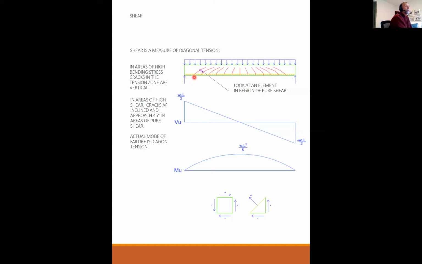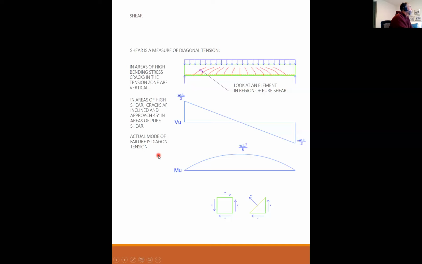Concrete doesn't do that. Concrete will not shear across a vertical plane. It cracks along an inclined plane. That's the real point of all this. And that's important that it tries to crack and fail along this inclined plane because that gives us something that we can reinforce with steel.